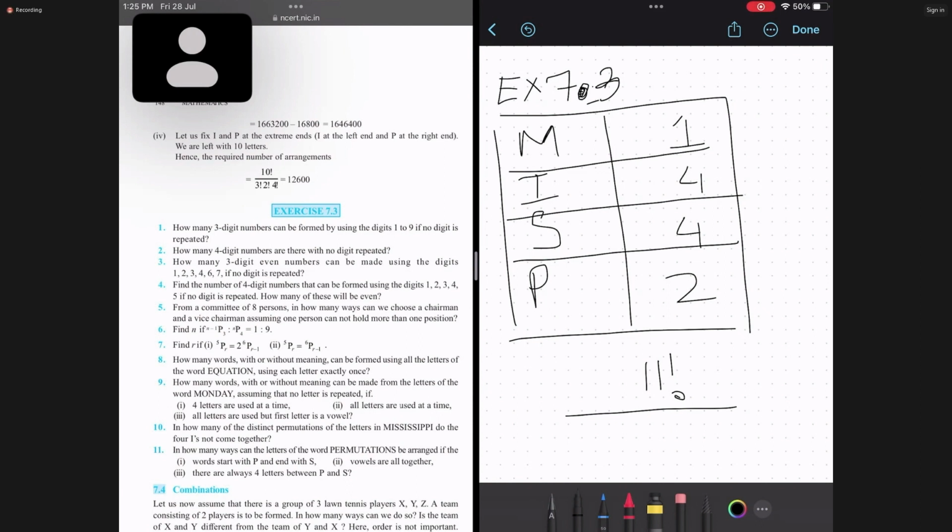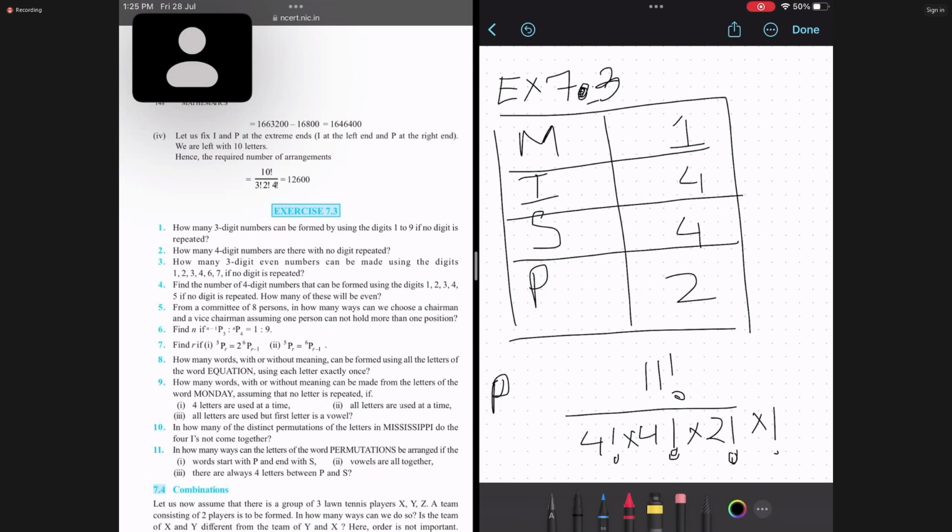I have I 4 times, so I'll divide by 4 factorial. I have S 4 times, so 4 factorial again. P 2 times, so 2 factorial, and M 1 time, so 1 factorial.